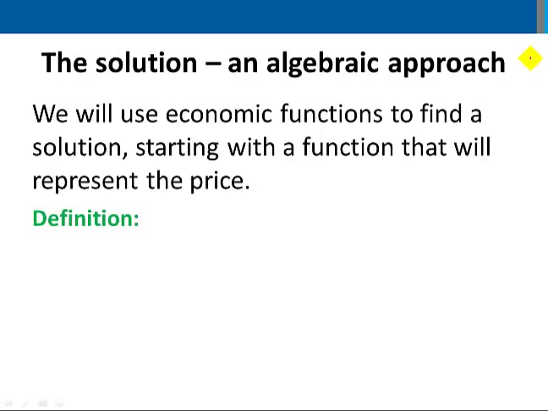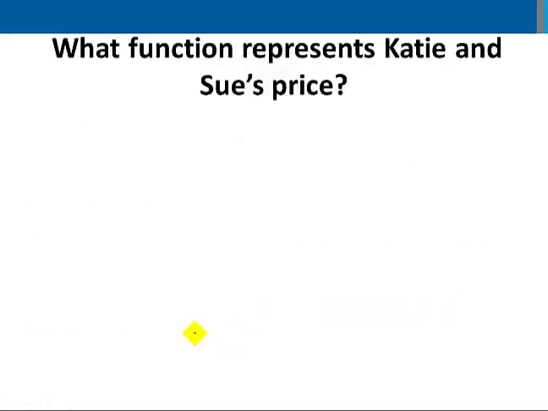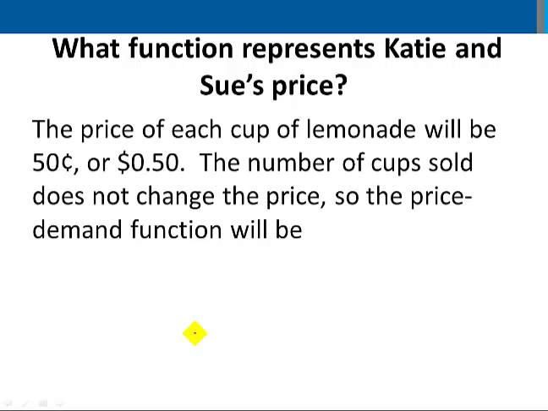By definition, if x represents the quantity of items produced and sold, the price demand function, lowercase p of x, calculates the price per item. What function represents Katie and Sue's price? The price of each cup of lemonade will be 50 cents or $0.5, and we'll convert everything to dollars in this problem to make things easier.